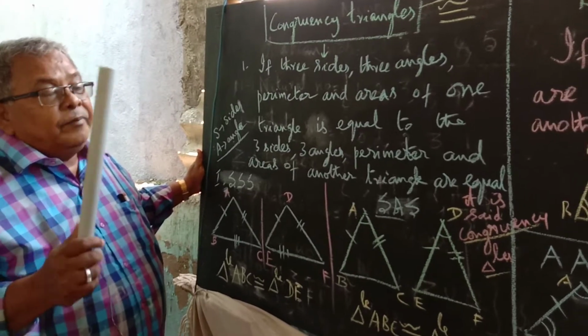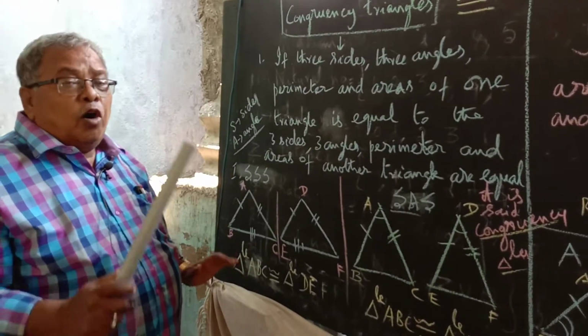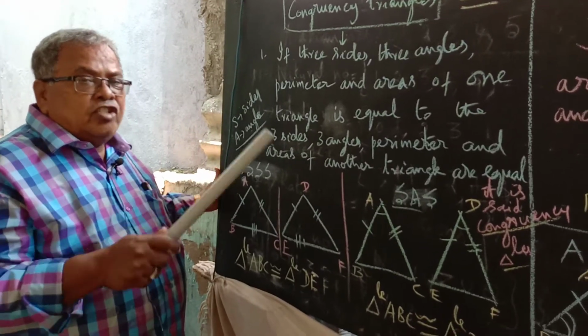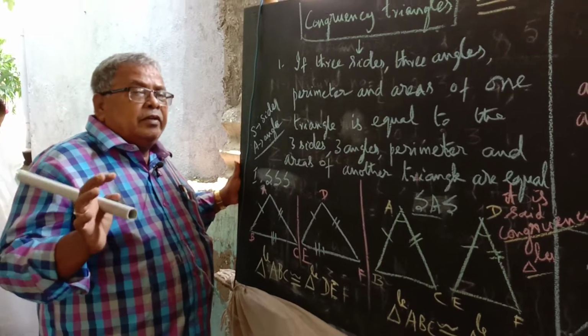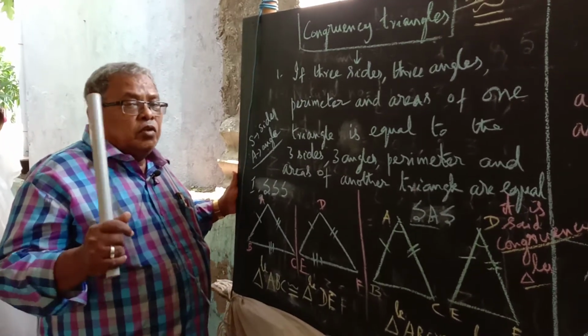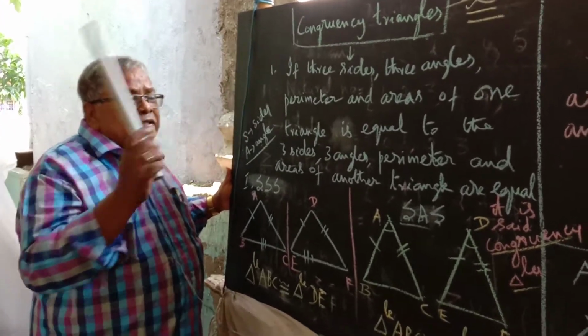In another way, when you take two triangles, they are equal in all aspects: sides are equal, angles are equal, perimeters and areas are equal. Only then can we say they are congruent triangles.